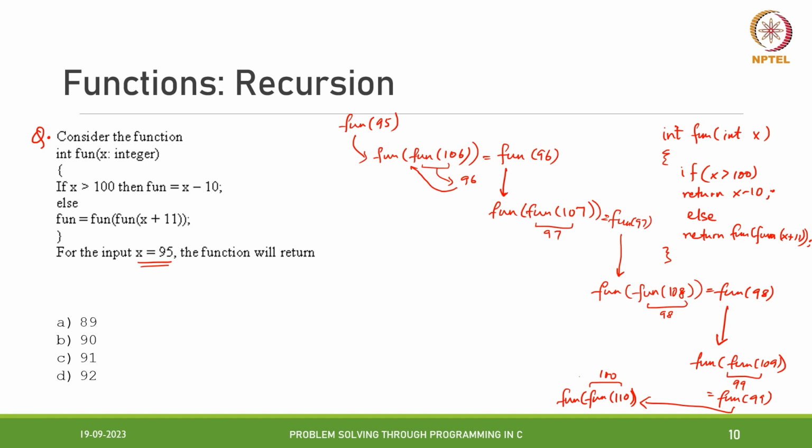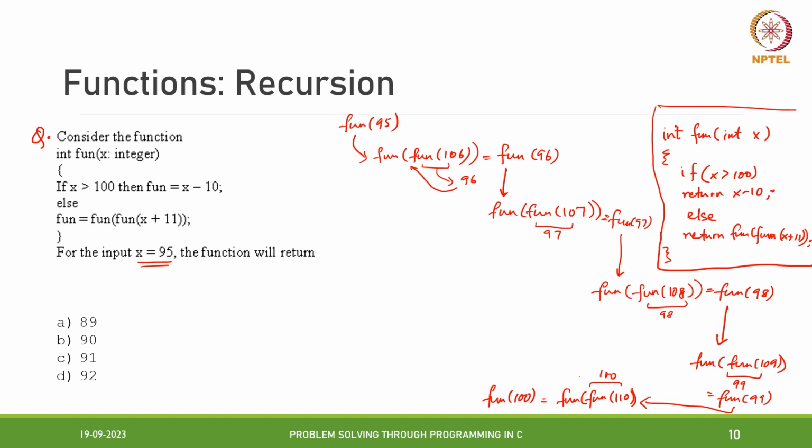100, right? If you pass 110 to the function fun, you will have 100 being returned to you. So this is basically the same as fun of 100.